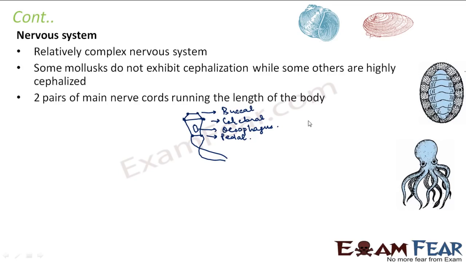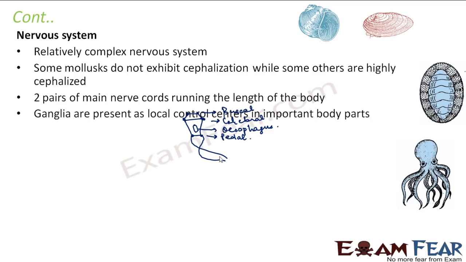Now 2 pairs of main nerve cords running the length of the body. So here you can see the nerve cords which are running the length of the body. Throughout the length of the body, you will have those nerve cords. Ganglia are present as local control centers in important body parts: buccal ganglia, cerebral ganglia, again pedal ganglia.